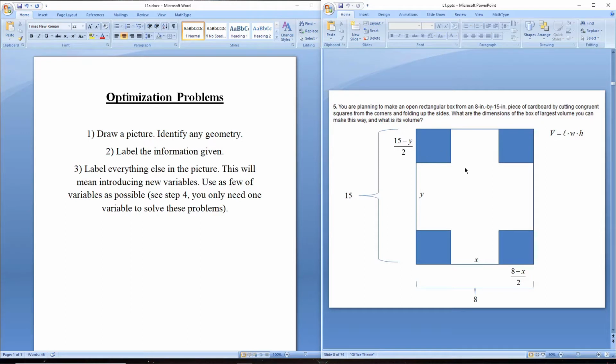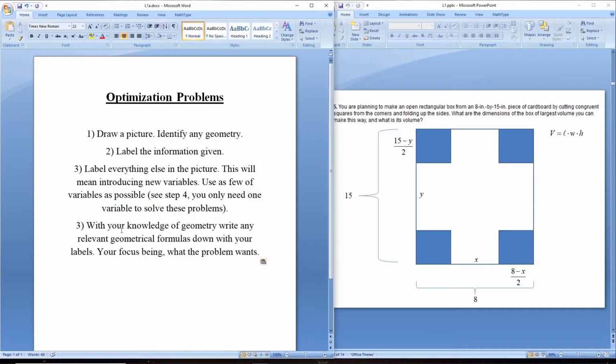So the next good step here is, with your knowledge then of geometry, of objects and formulas, you want to use any relevant geometric formulas you see here with our labels.